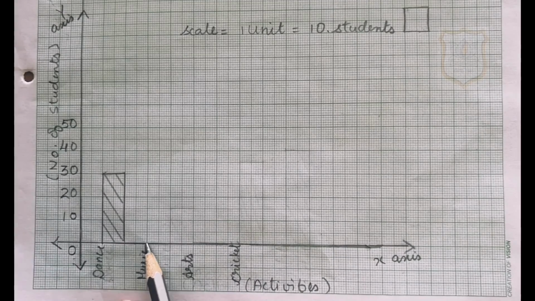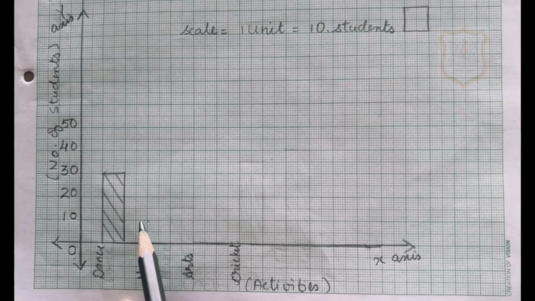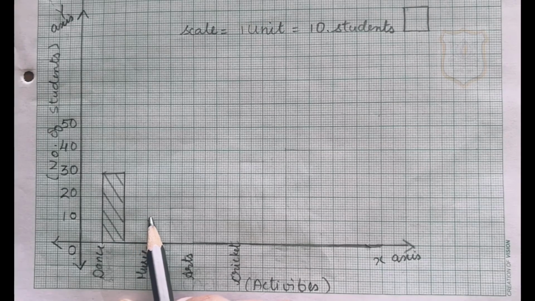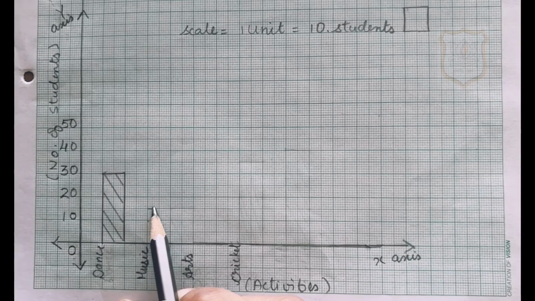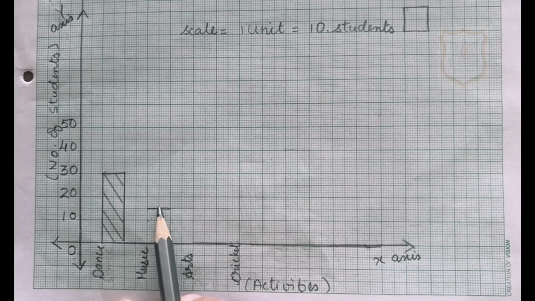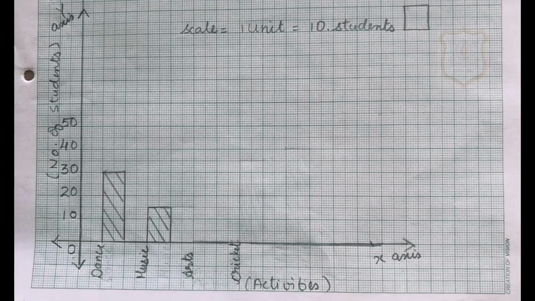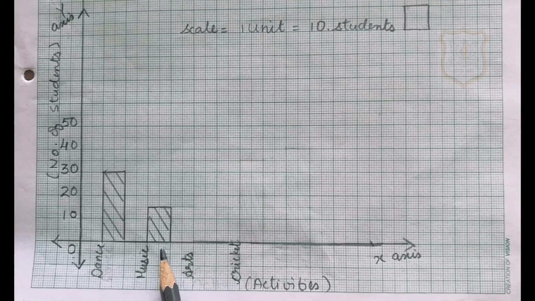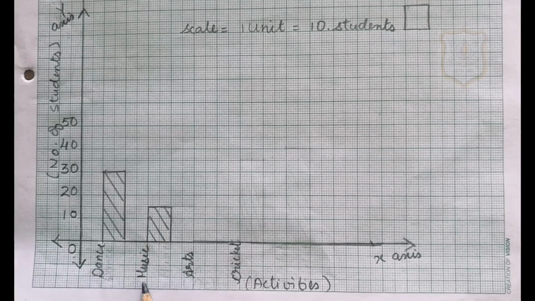So this much height will show 10 students, and after that this line we will consider as 11, 12, 13, 14, and this will represent 15. This much height will represent 15 students. In this way we have to draw a vertical bar representing that 15 students are involved in music.